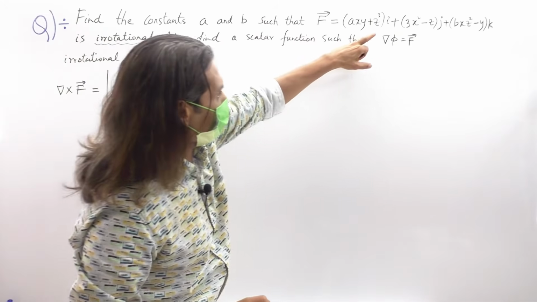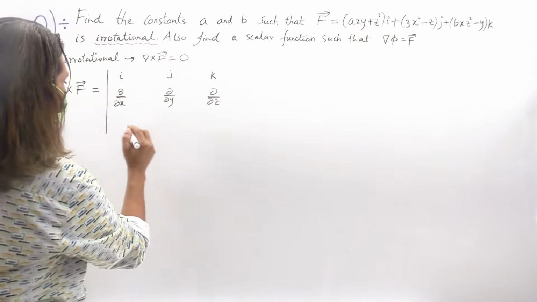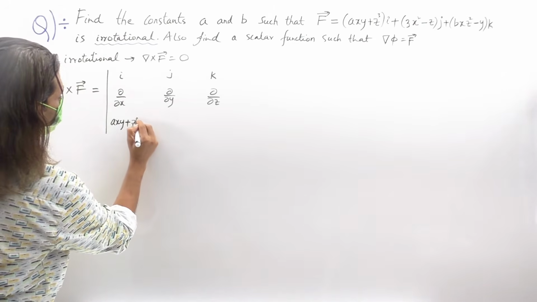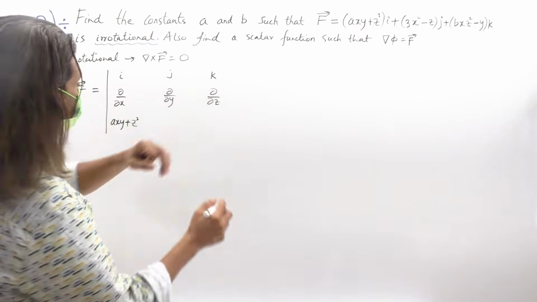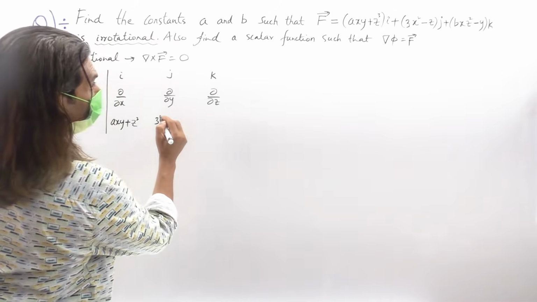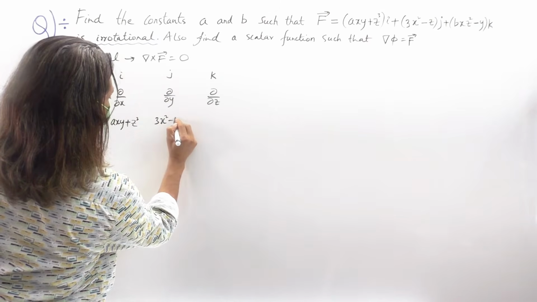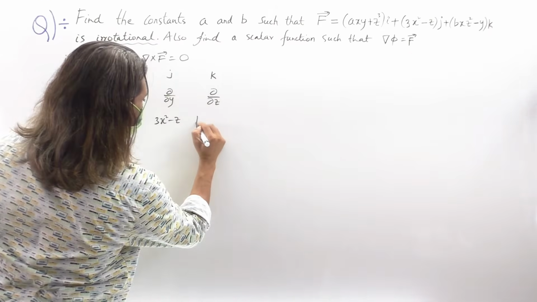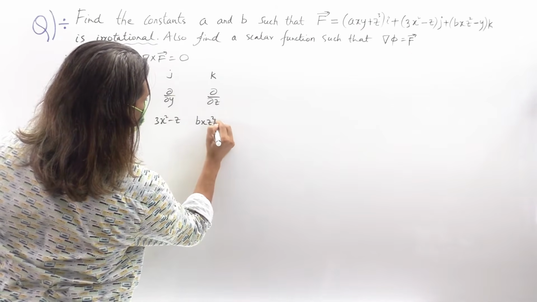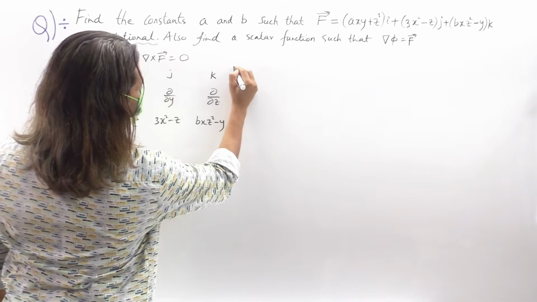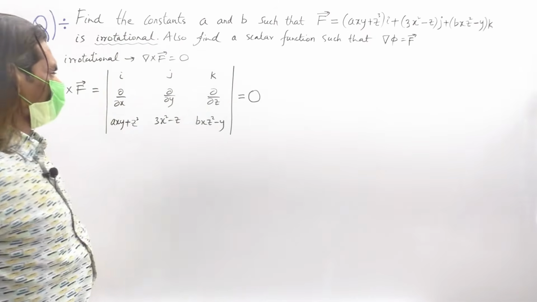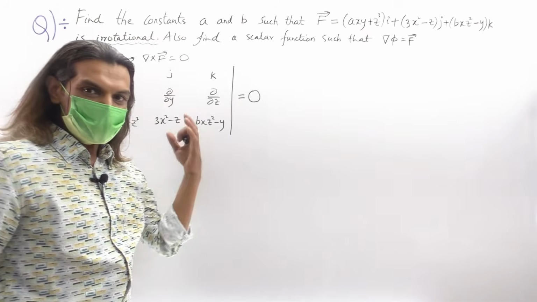Below dou by dou x, the i component, that is axy plus z cube. Then below dou by dou y, it is 3x square minus z, and lastly bxz square minus y, equal to 0. Let's solve this determinant now.